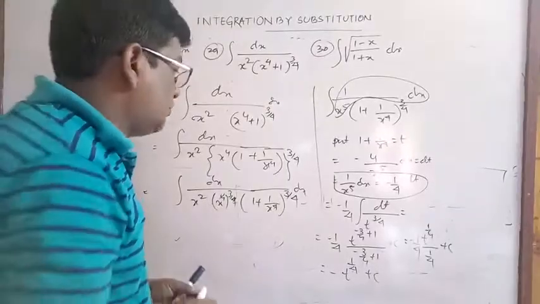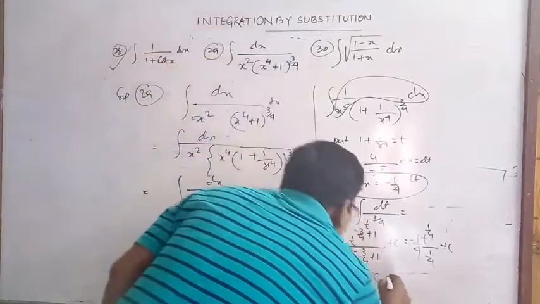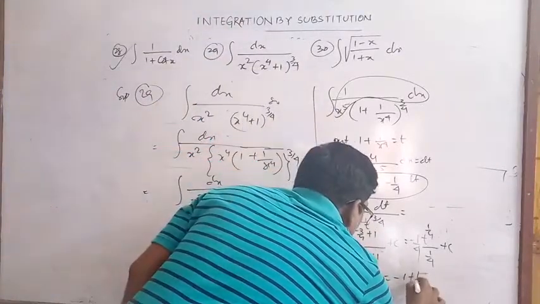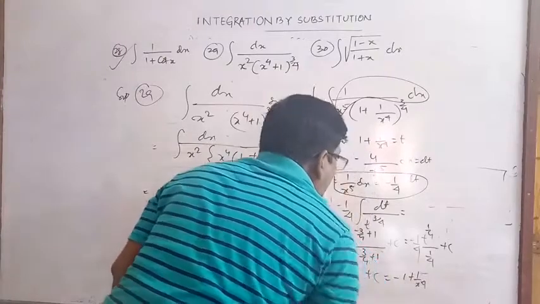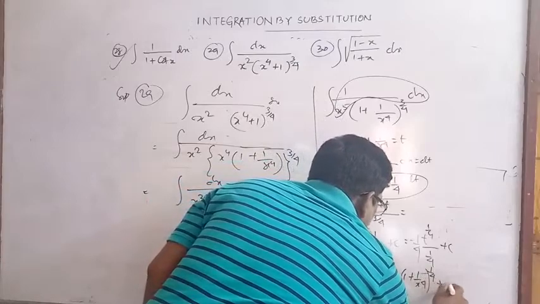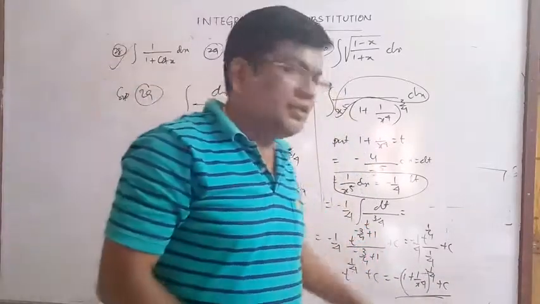Here t is equal to what? That is equal to minus of (1 plus 1 by x fourth) to the power 1 by 4 plus c. This is the answer.